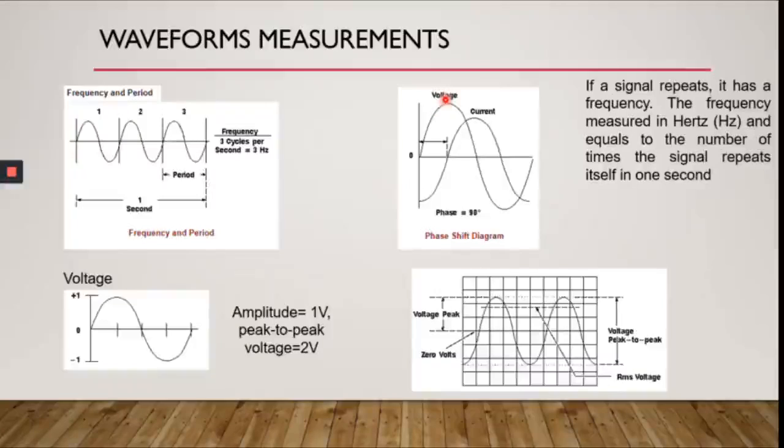Like in this figure here, let's say you have voltage and current. There is a phase difference between these two waveforms, and if you want to measure it, we can use an oscilloscope. And these are the definitions again for peak, peak to peak, and RMS voltage that we already studied in the AC meter chapter.